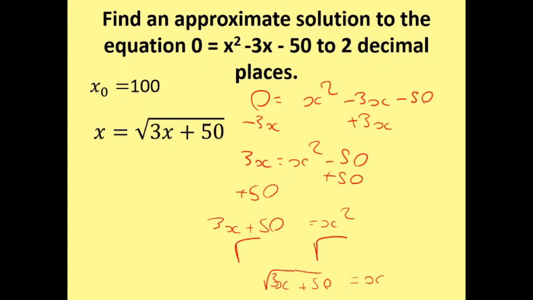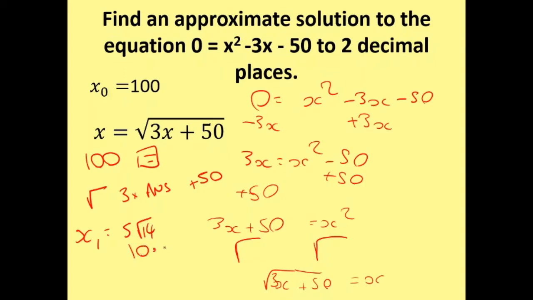So then let's do the iteration. So I'm typing in my calculator 100 equals. And I'm going to do the square root of 3 times the answer plus 50. So my first one, I'm going to put x1. I've got 5 root 14.